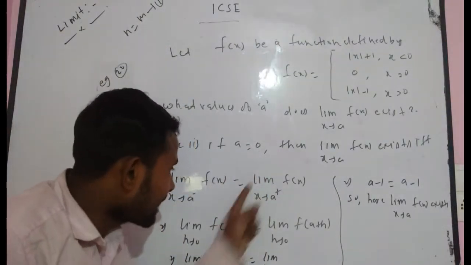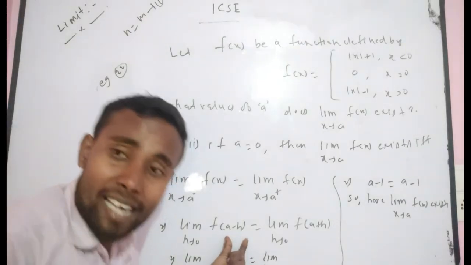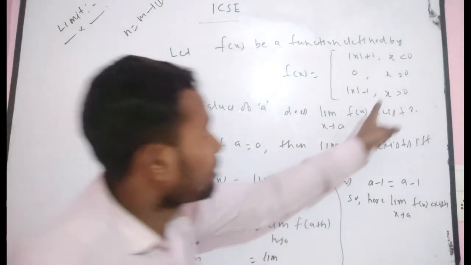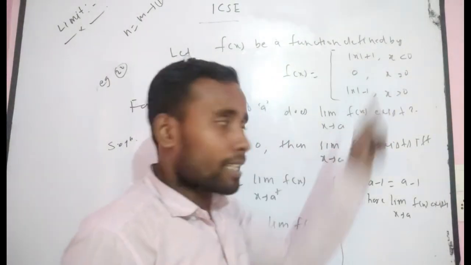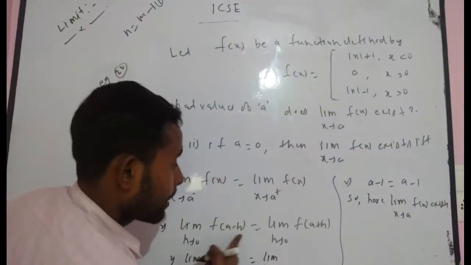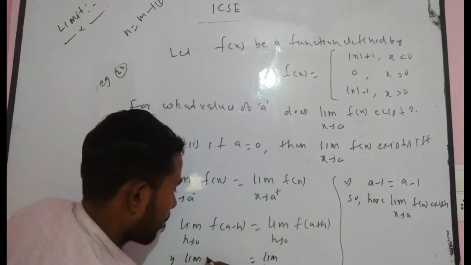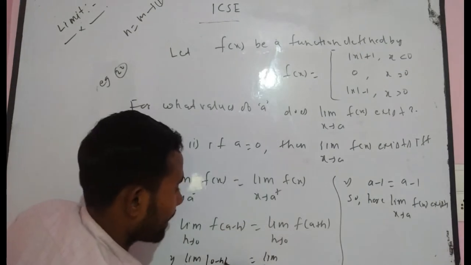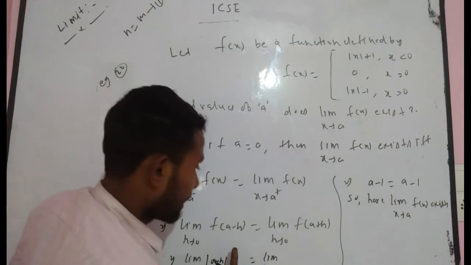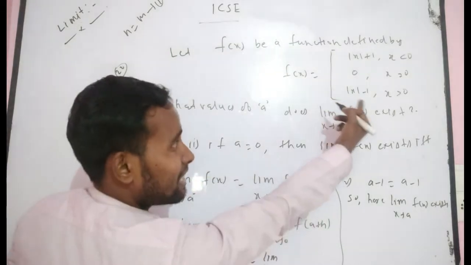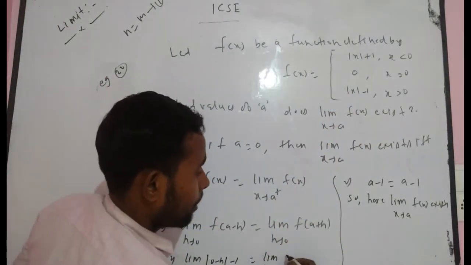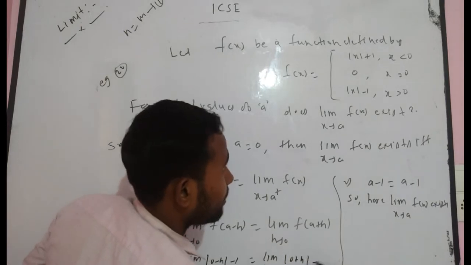Now it says slightly less than 0. Slightly less than 0 means that you have to choose this function. That means x is replaced by a minus h. So you can replace a by 0. Now you have to write mod 0 minus h minus 1, and for slightly greater than 0, that means mod 0 plus h minus 1.